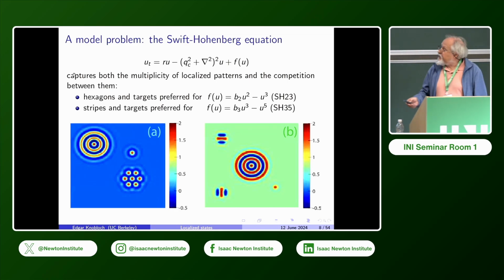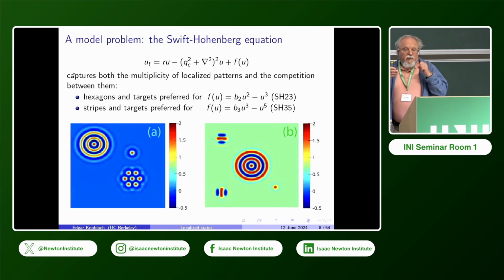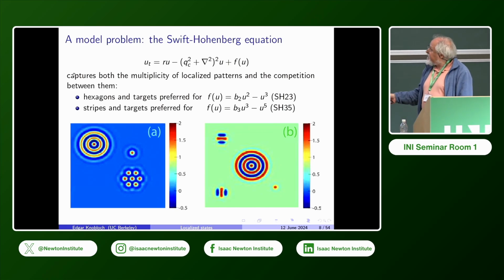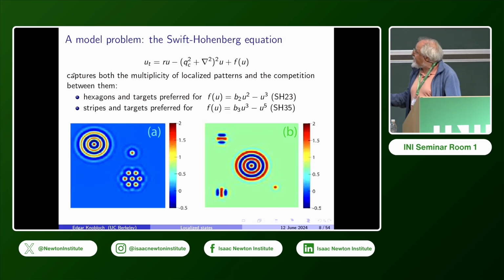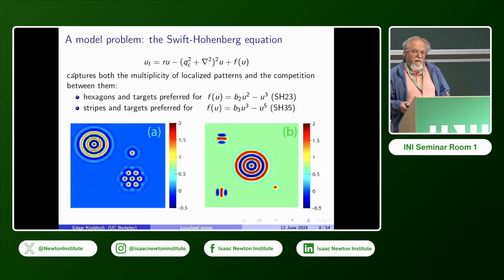You can generate a localized perturbation somewhere in the plane. You allow it to relax. And if you're in the right parameter regime, maybe it will not collapse back to the flat, homogeneous state, but it will remain as a persistent localized structure like this target pattern here. Or you can generate a new perturbation over here, and that might relax to a spot. A different perturbation might relax to a hexagonal structure, things of that type.